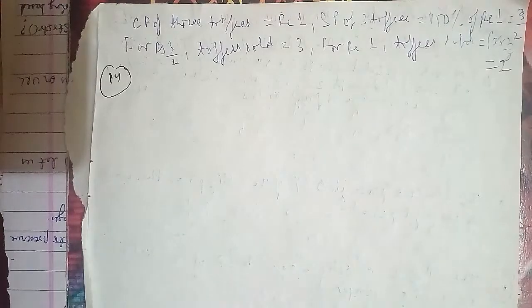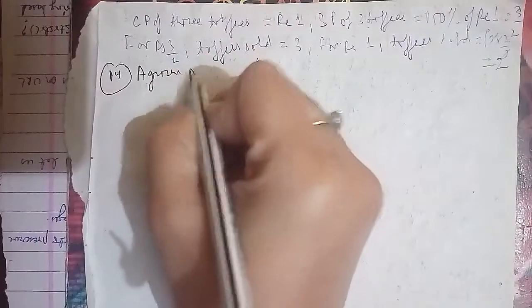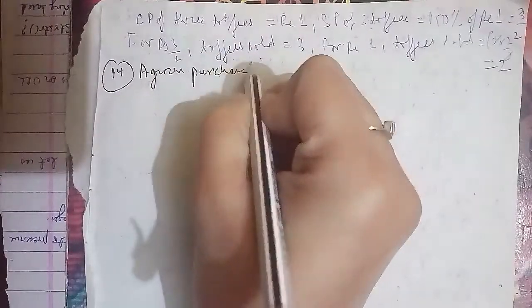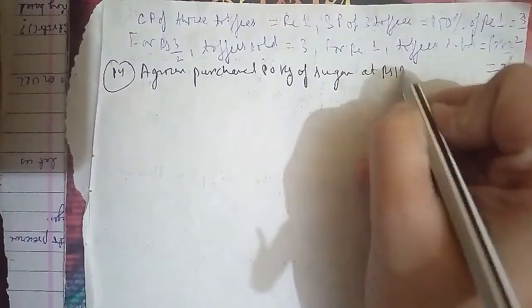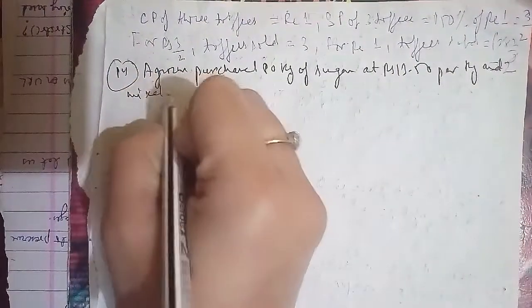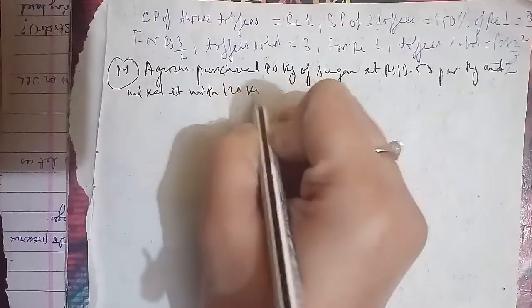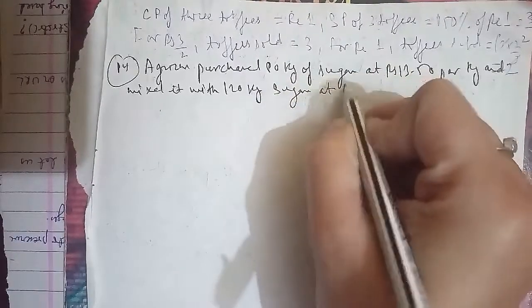So yeah, we go ahead for the same. A grocer purchased 80 kg of sugar at rupees 13.50 per kg and mixed it with 120 kg sugar at rupees 16 per kg.